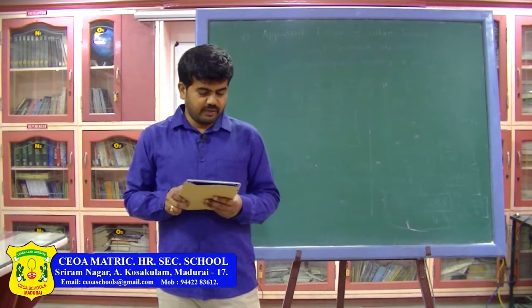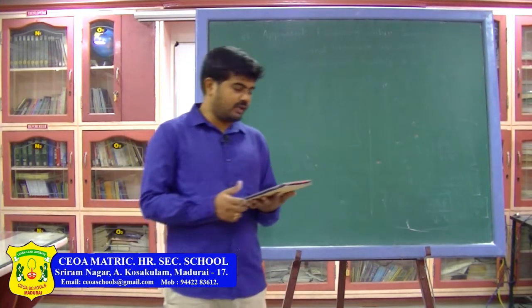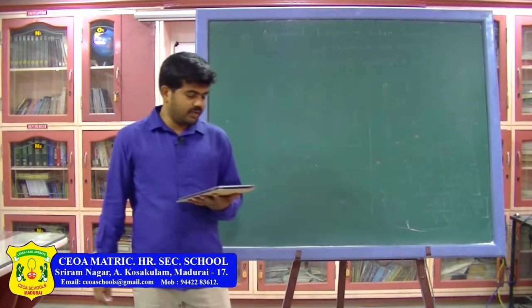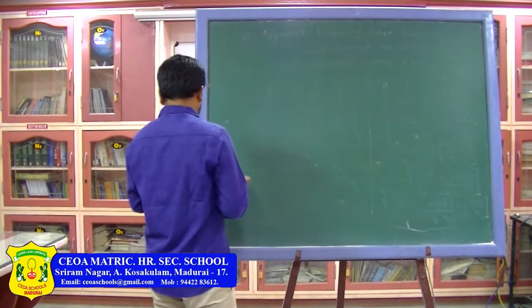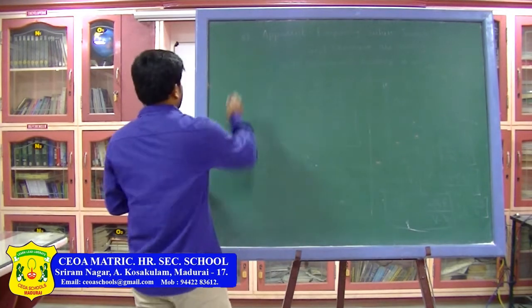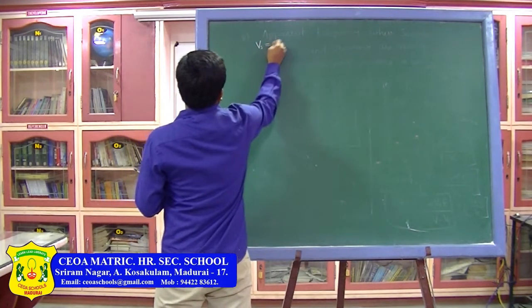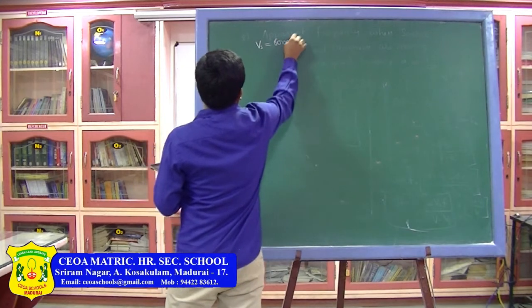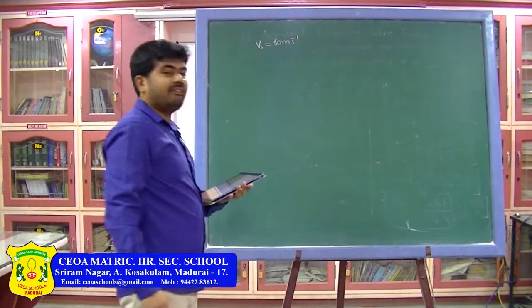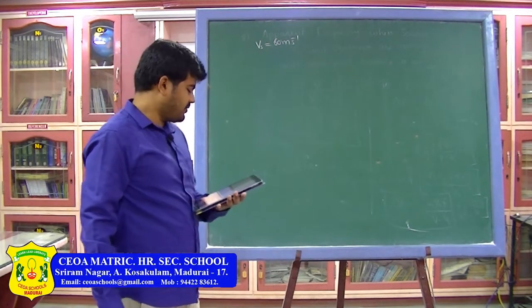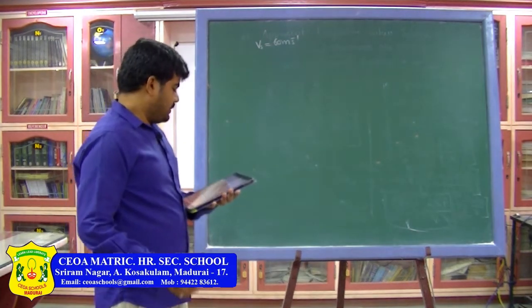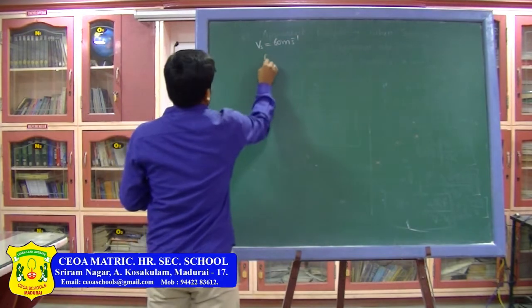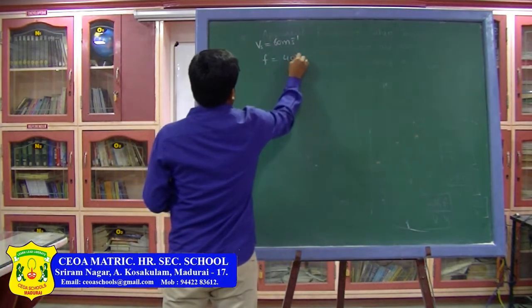The real frequency of the whistle is 400 Hz. Calculate the apparent frequency heard by the listener in two cases. Given data, let me write on the board: the speed of the source is 60 meters per second. The source is the railway engine, moving in front of a stationary observer, and its real frequency, the actual frequency, is 400 Hz.